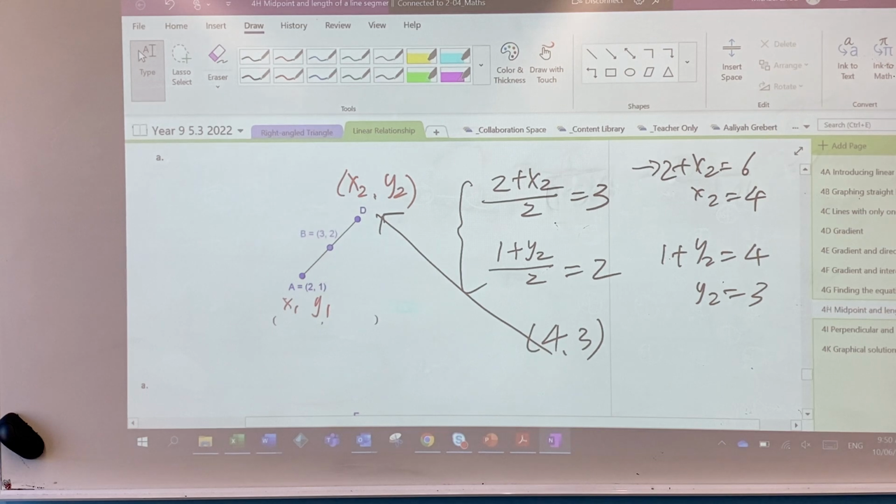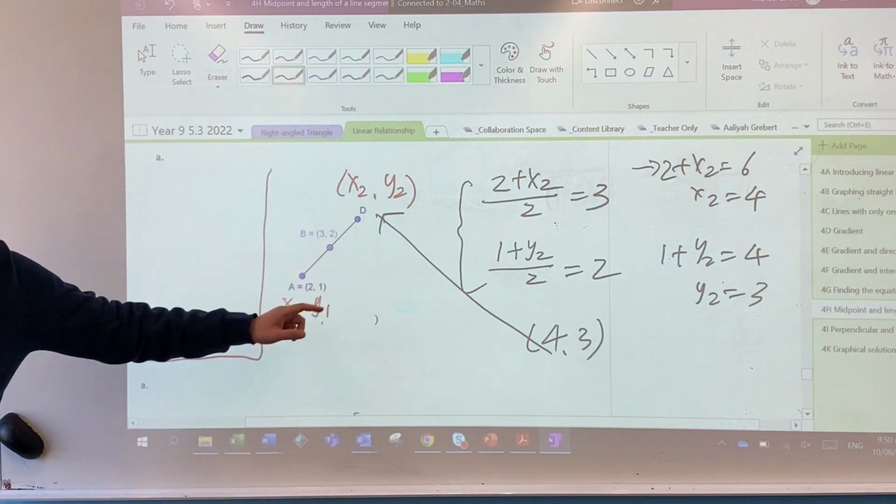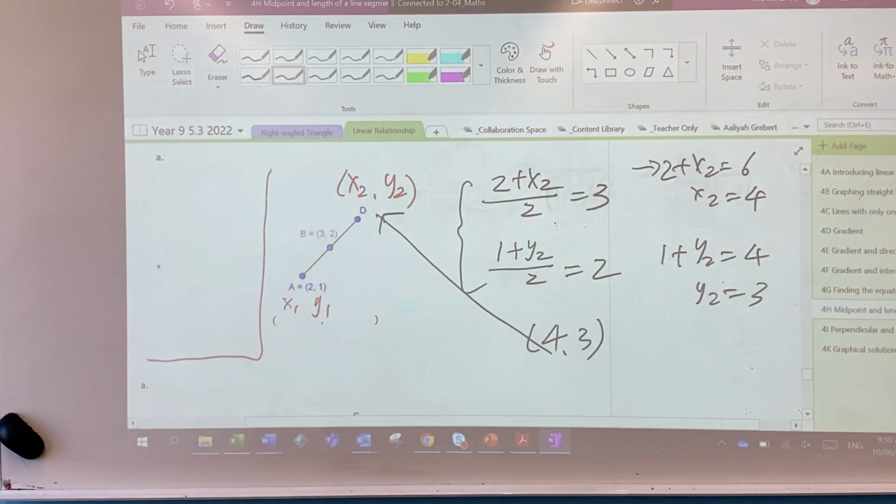So if you were to do it the opposite way, would it be the same answer? Let's try. Shall we try? I'm just going to put it here for the space. Did you guys mean this one is x2, y2? Yeah. So let's try. Then you will see.